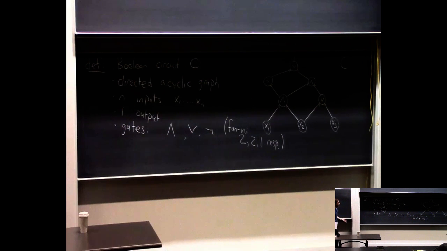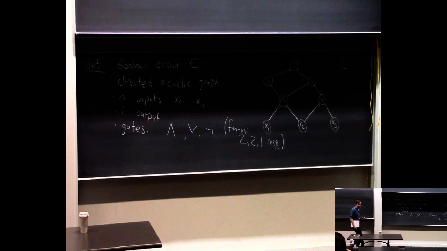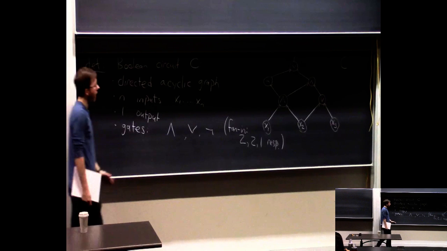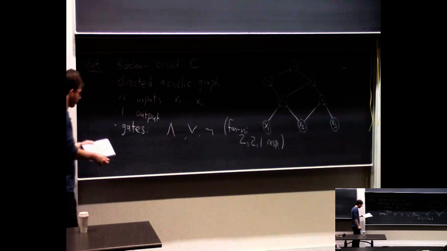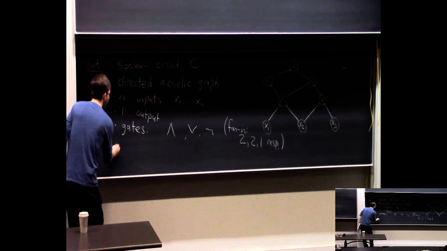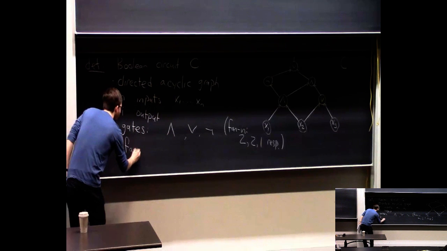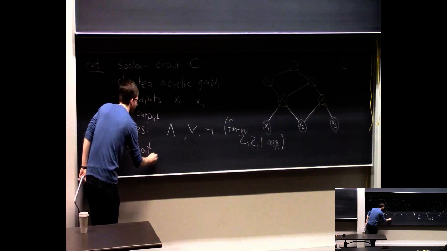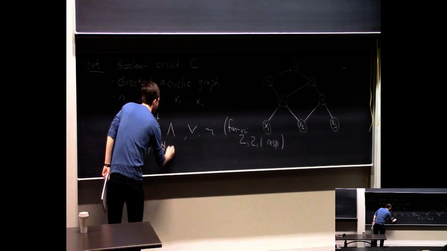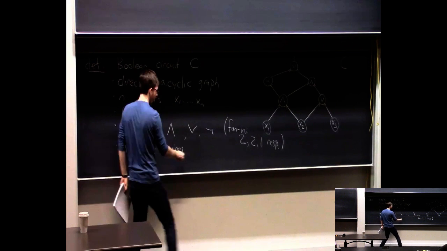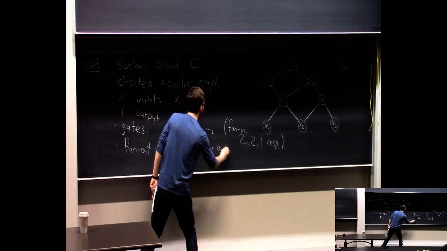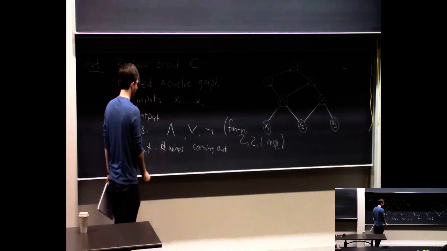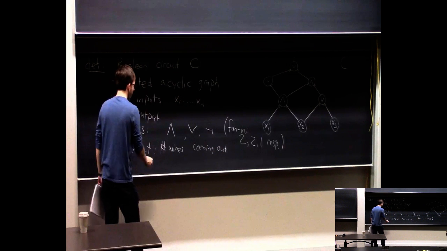Every or should have 2 wires coming in. And every not gate should have 1 wire coming in. And we'll also use this term fan-out, which is the number of wires coming out of a gate. And this can be arbitrary.